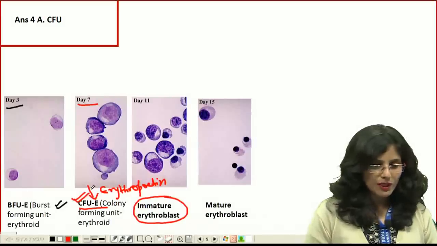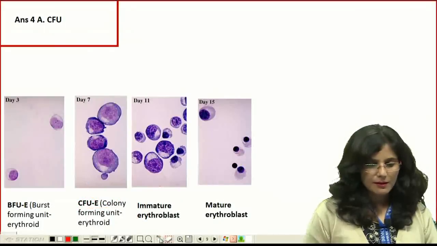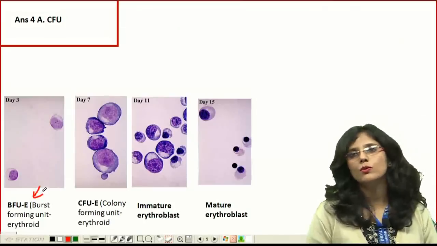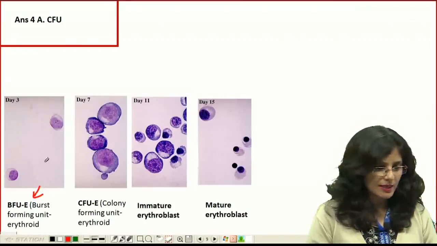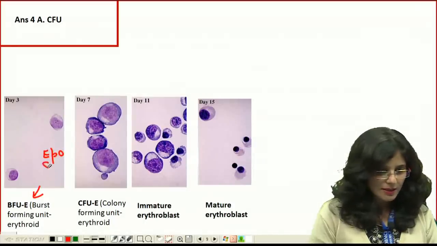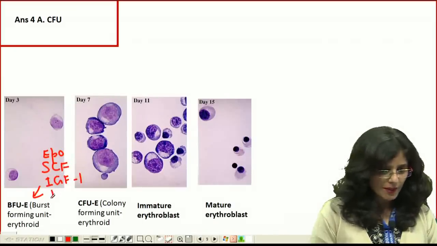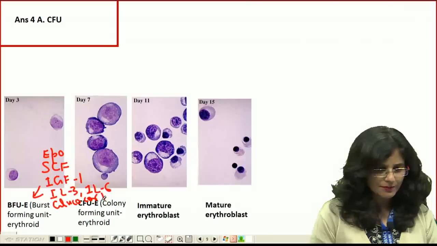Although the BFUE also is stimulated by the erythropoietin, there are other factors also to which the BFUE cells respond. One is erythropoietin, another is stem cell factor, another is insulin-like growth factor 1, interleukin 3 and interleukin 6, and the glucocorticoids.